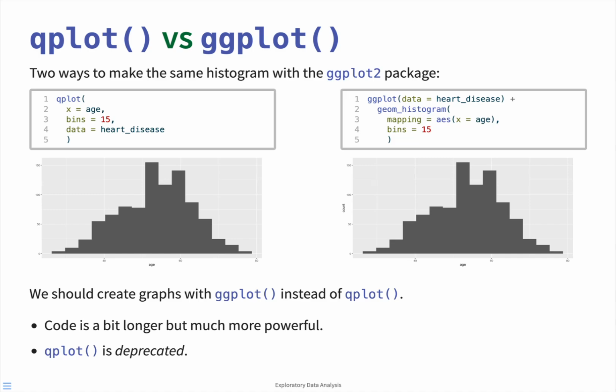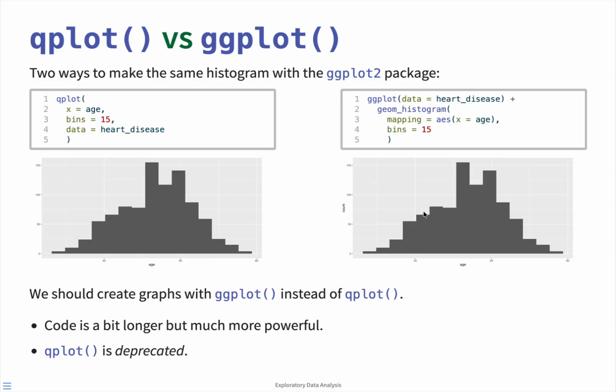It turns out that qplot uses this code behind the scenes to create graphs when you call it. So really all we're doing is learning how to make graphs the underlying way.